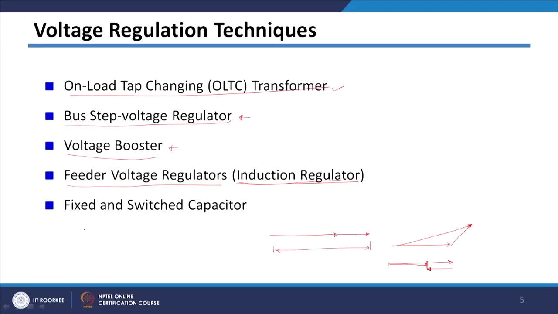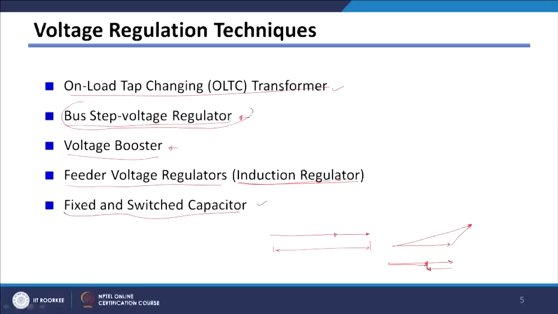So, we can increase or decrease the voltage along the feeder by using these induction regulators. And then, to regulate the voltages along the feeder, fixed or switched capacitors are also used. We will see these switched or fixed capacitors in the next few lectures.